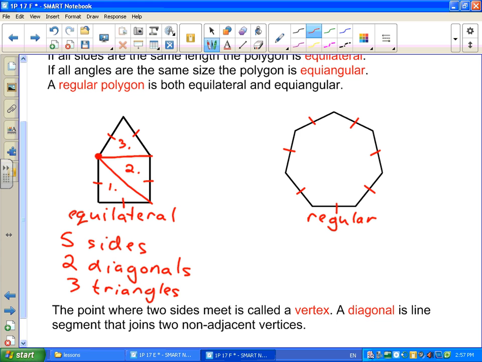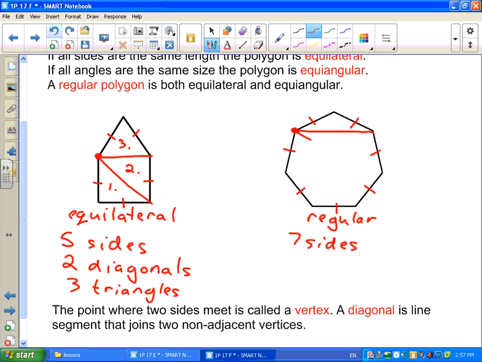Okay. Over here, I've got 7 sides. Okay. How many diagonals can I draw? Well, if I start from one vertex, I can draw to here, to here, to here, and then down to, whoops, that one I didn't draw very nicely. So let's try this again.